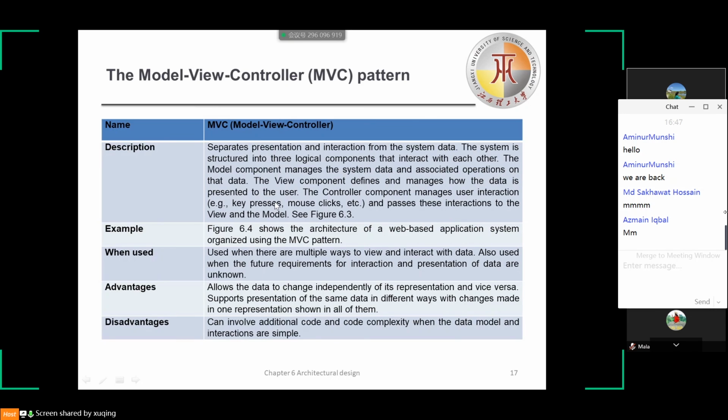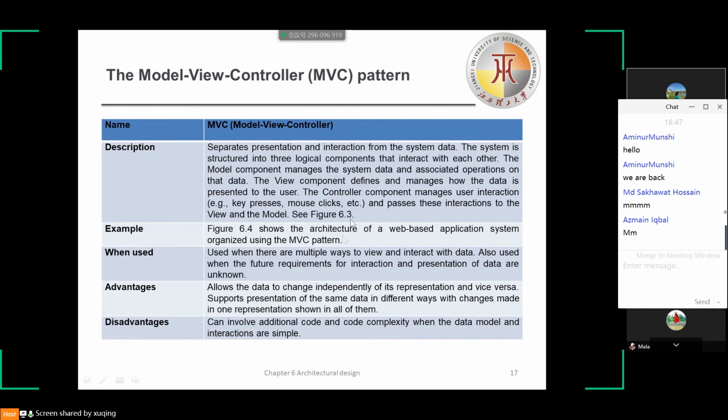The view component defines and manages how the data is presented to the user. The controller component manages user interactions, key presses, mouse clicks, etc., and passes these interactions to the view and the model.